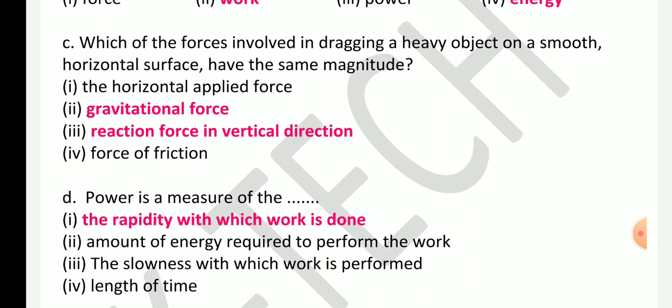Third one. Which of the forces involved in dragging a heavy object on a smooth horizontal surface have the same magnitude? Options are the horizontal applied force, gravitational force, reaction force in vertical direction, force of friction. Here the correct answers are gravitational force and reaction force in vertical direction.